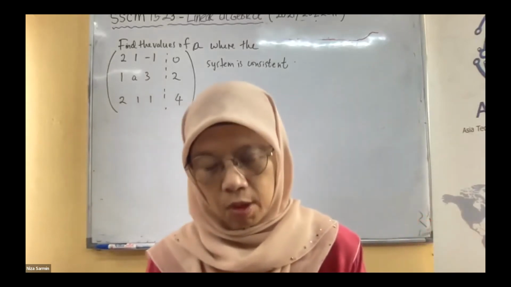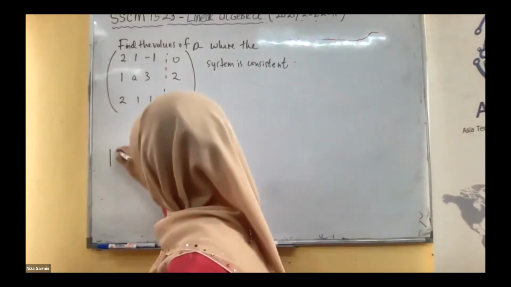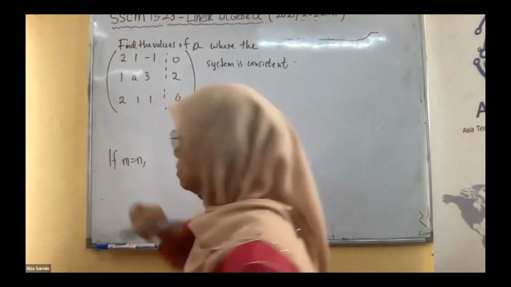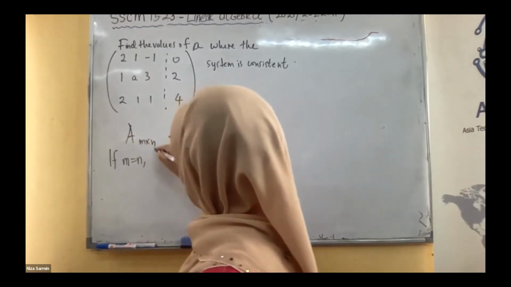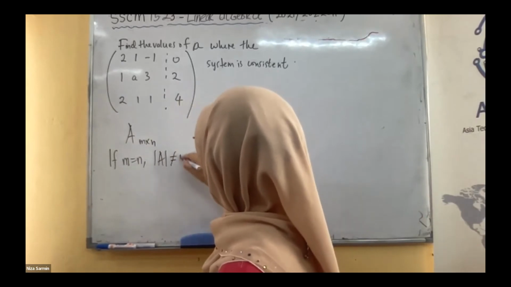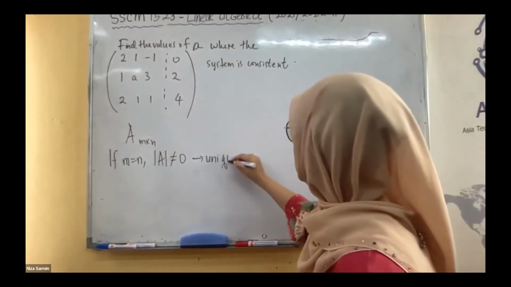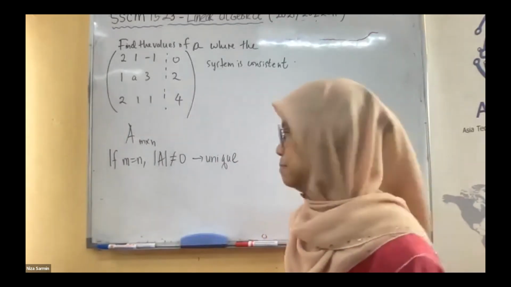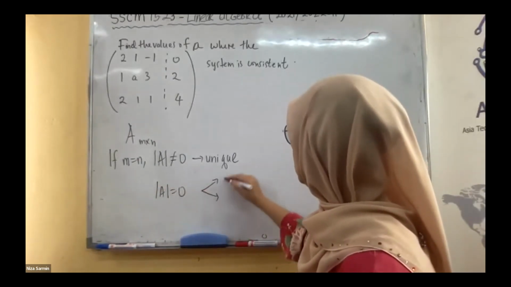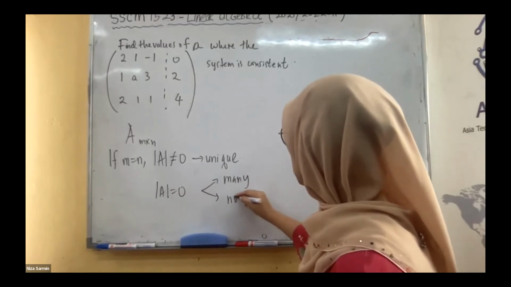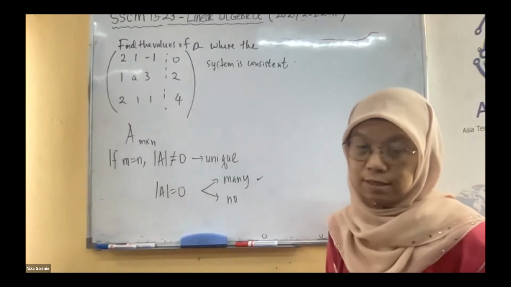You know, you cannot use determinant, because if m is n, you can find determinant, right? And determinant is not 0, then we have unique, right? Then you can use all method. But if A is 0, you can have either many solution or no solution. If it's many solution, it's consistent.